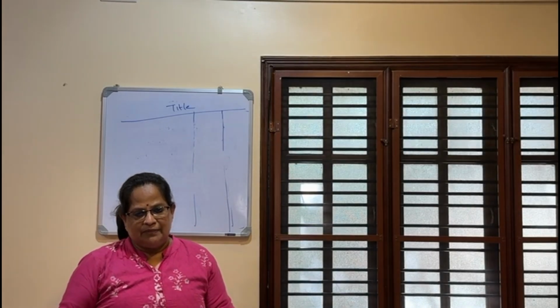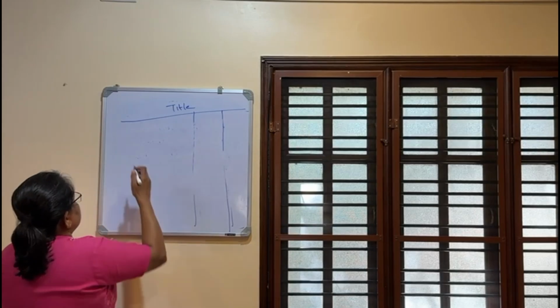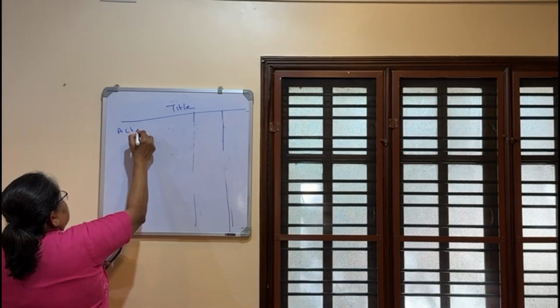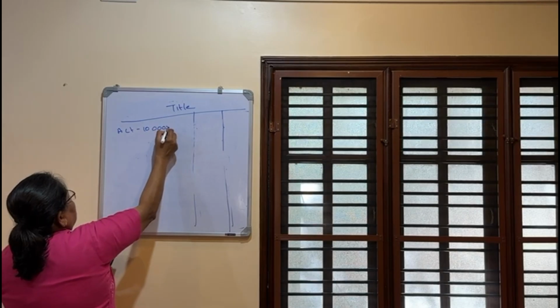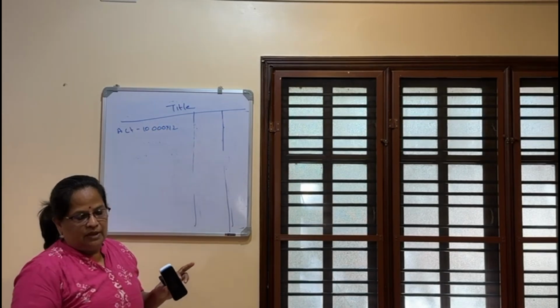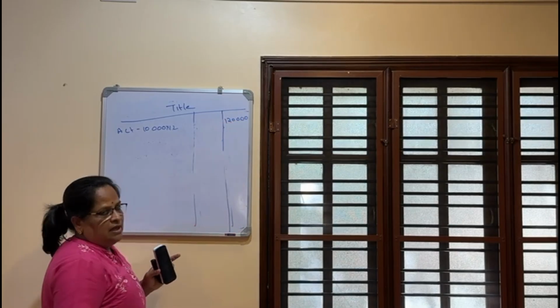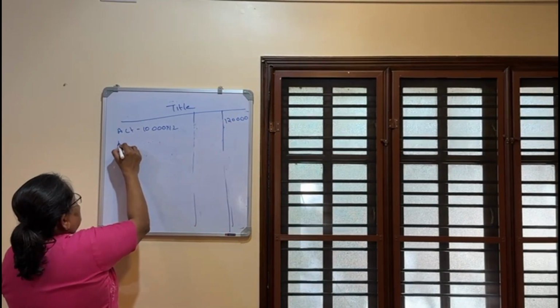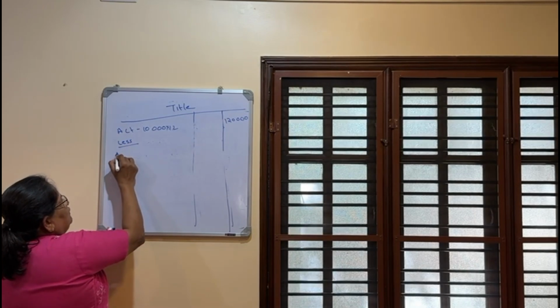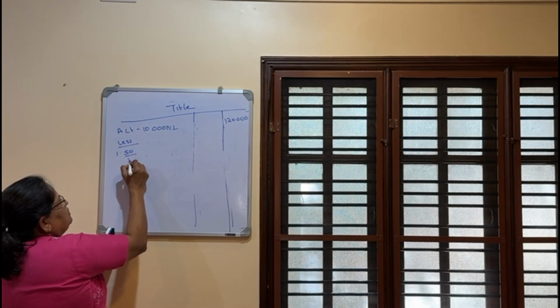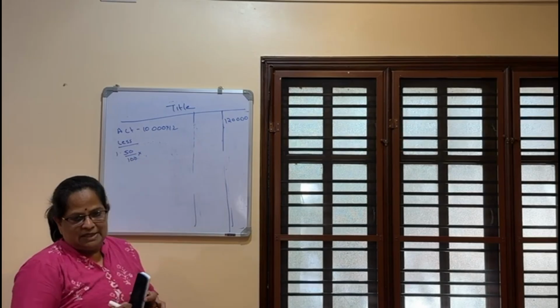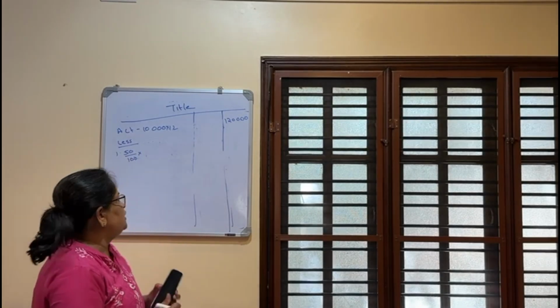HRA computation: actual HRA received, that is 10,000 into 12, 1,20,000. Now less exempt the least of the following. This is a metro city, so he will get 50%. 50 by 100 into the salary we calculated, 5,46,000.